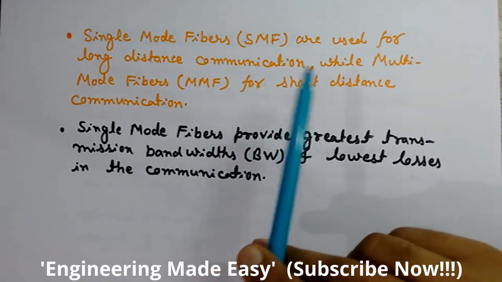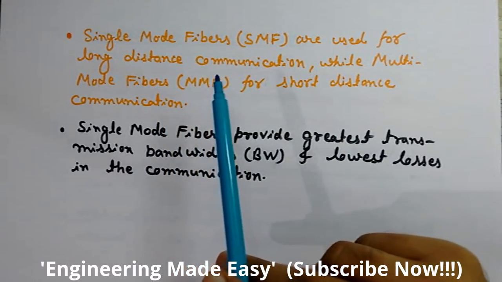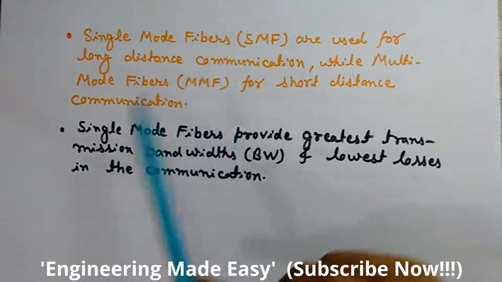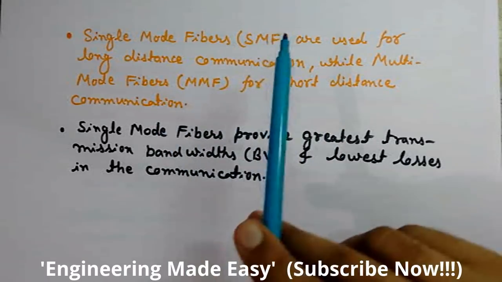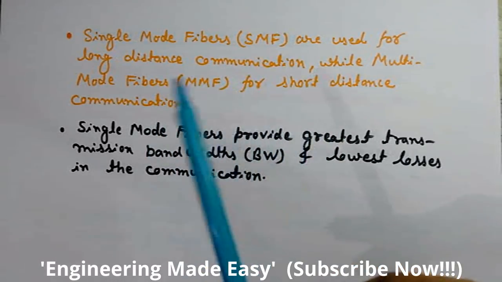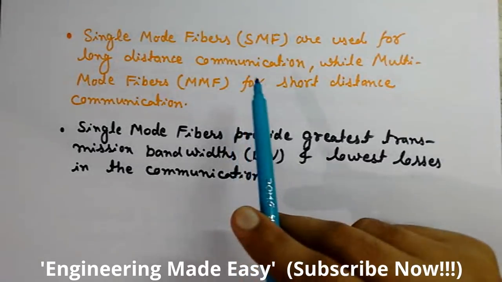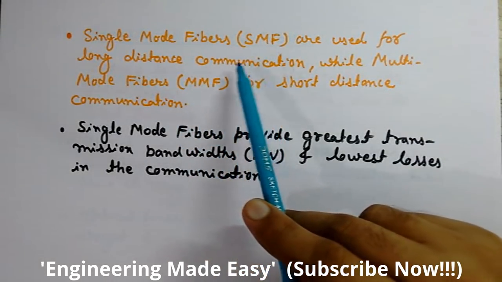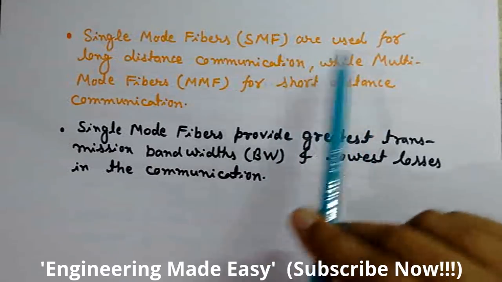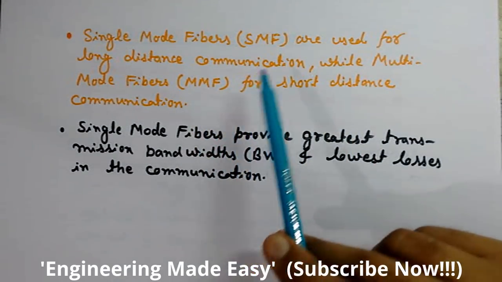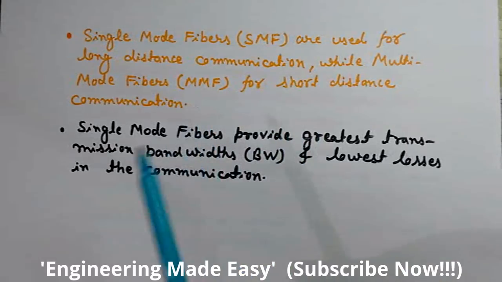In multi-mode fibers, various light rays propagate simultaneously inside the core, so they interfere with each other and broaden. We will see in the dispersion topic how the broadening of light pulses takes place as they move through the optical fiber. This is not possible in single mode fibers, because there is only one mode of propagation. So they are used for long distance communication because of less losses.